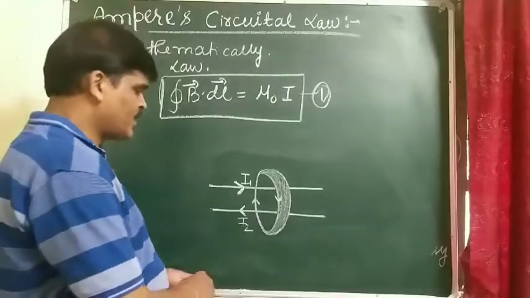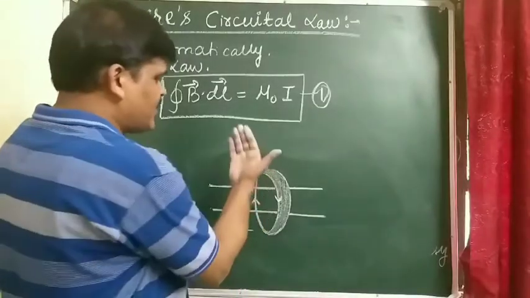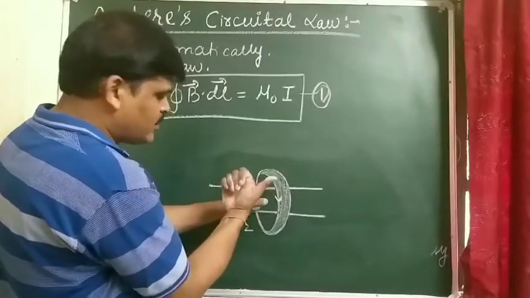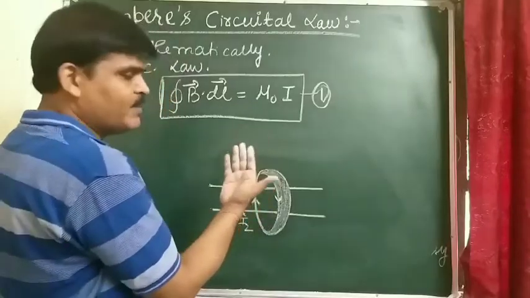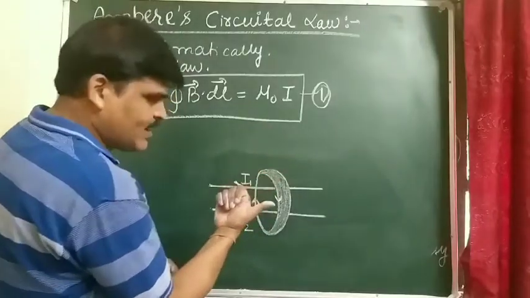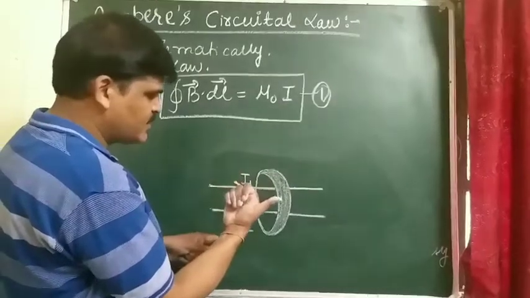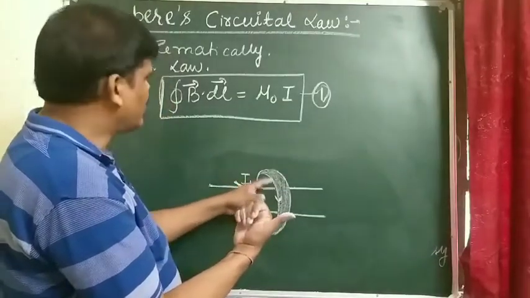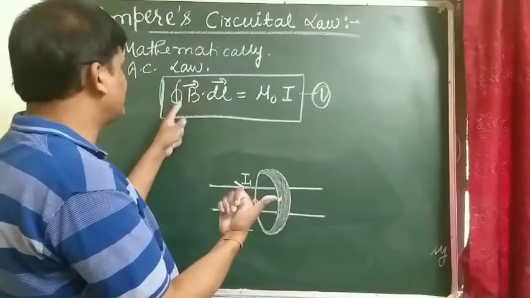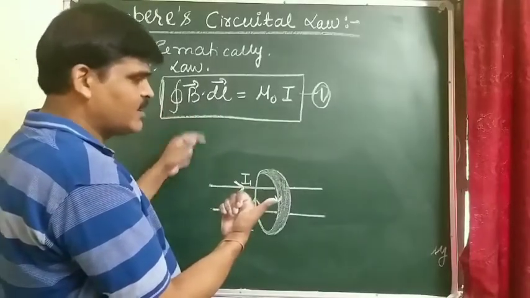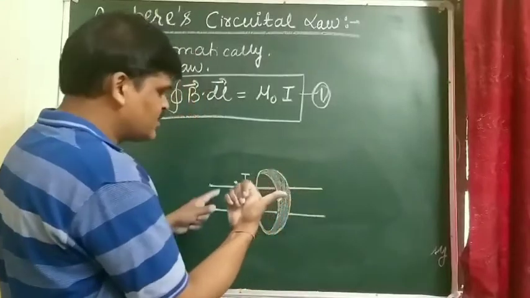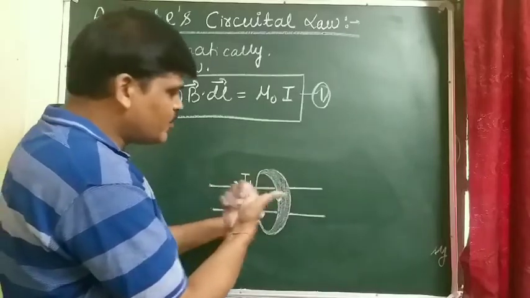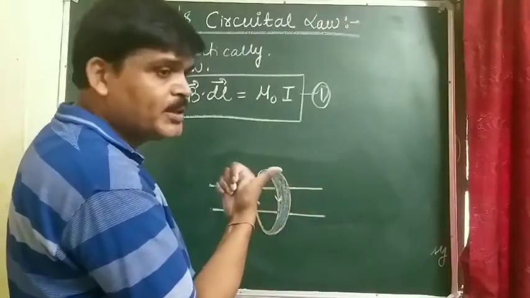So students, if the curling fingers of our right hand show the sense in which the boundary is traversed in the loop of the closed integral of B dot dl, then the direction of the thumb indicates the current passing through it, which is taken to be positive.